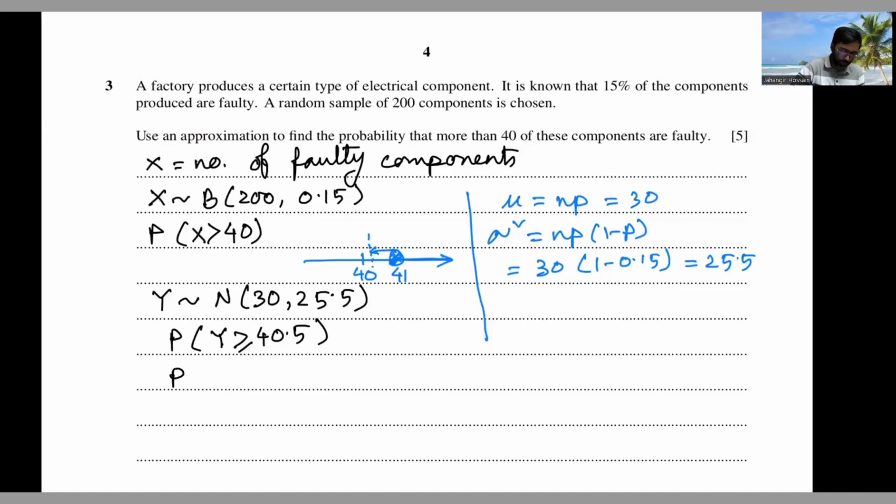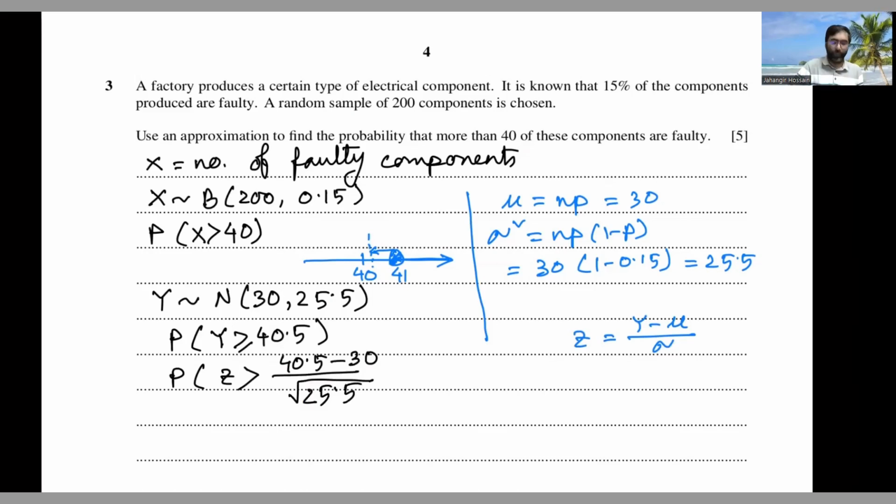So use this normal distribution. For this, you need to convert it into z. Remember, to convert into z, z equals (y minus mean) divided by standard deviation. The mean is 30, so 40.5 minus 30 divided by the standard deviation, which is the square root of 25.5.